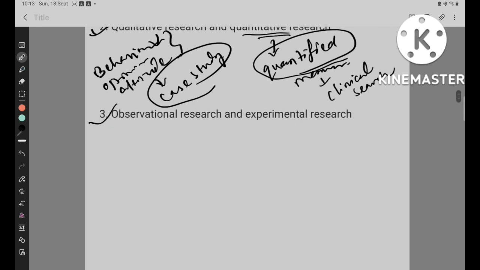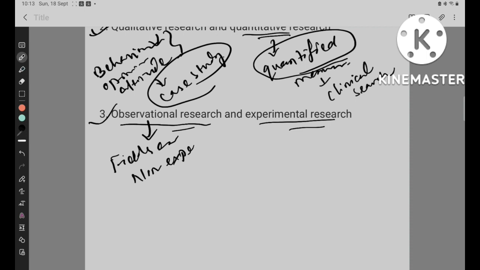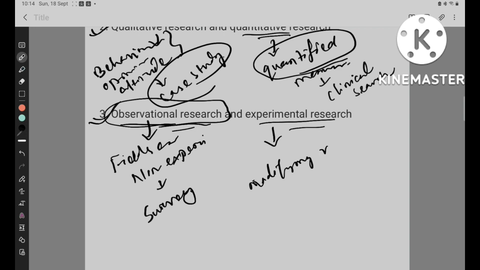Another classification is your observational research and experimental research. The observational research is always field research or non-experimental in nature. This includes all kinds of survey studies where we observe the variables. These are all observational research. On the other side, experimental research is always based on modifying the variables.